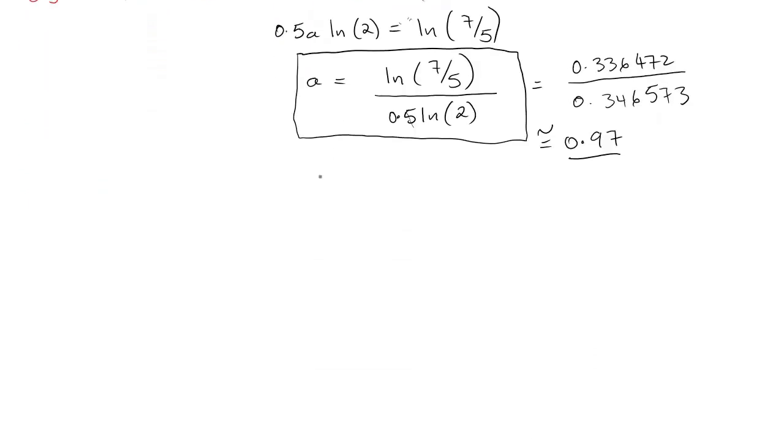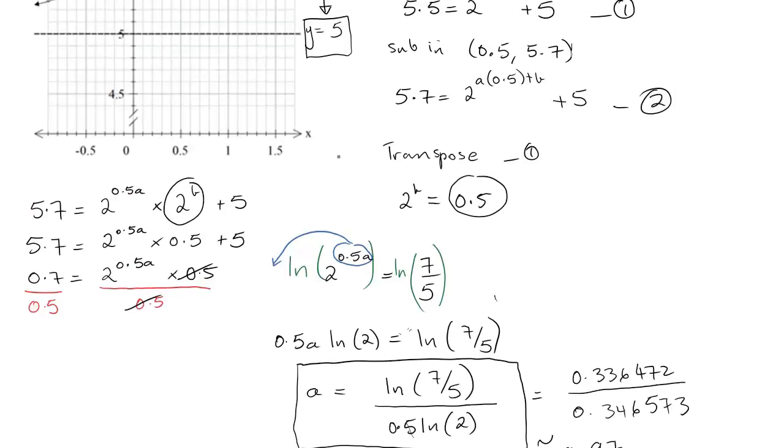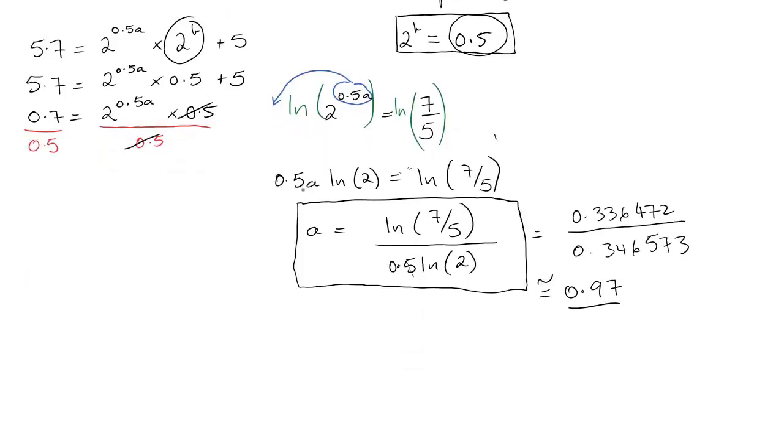What we then need to do is find the value of b. So we need to find the relevant information where we had b. You can see that it was right there. And to find that b value, you can just use logarithms again. So 2 to the power of b is equal to 0.5, like so. And you can just take a natural log of each side. So log of this, and then log of that.